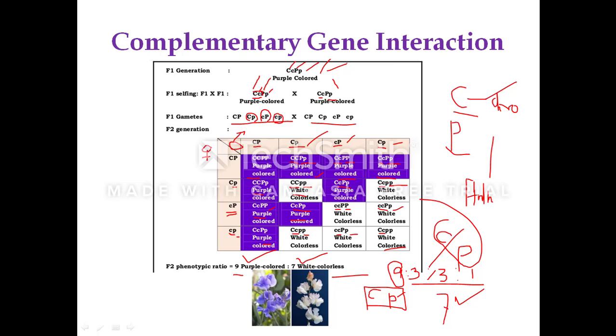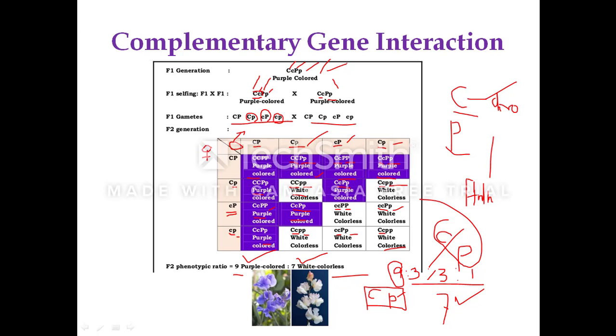The two true breeding white races do not produce purple because each of them has either capital C or capital P and not both. In the F1 generation, capital C and capital P come together to produce the color.